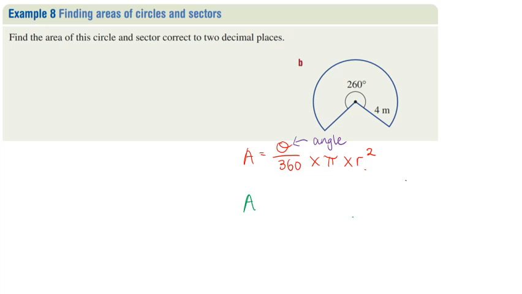So the angle is here, 260 over 360 times pi times r squared. So the r is the 4. Pop that into the calculator and area is 36.3 meters squared.